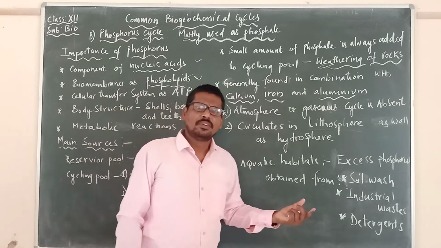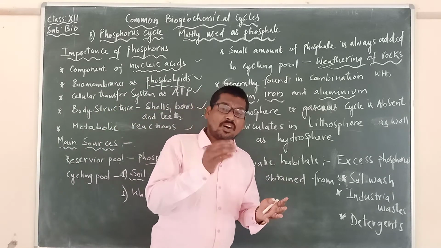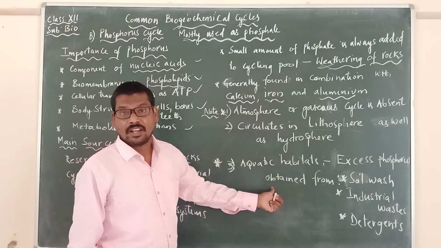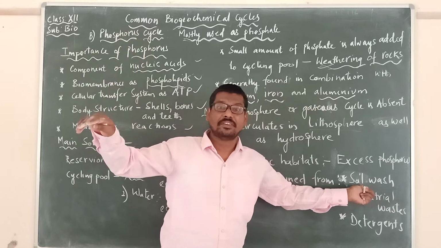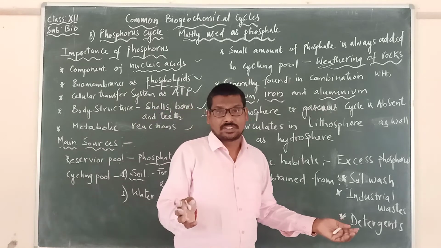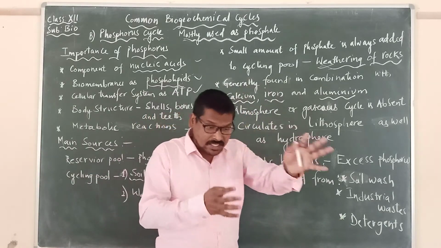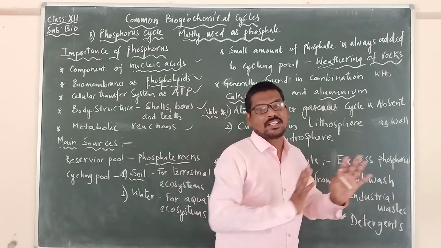The question is, from where and how is this phosphorus concentration increasing in the aquatic habitats? It is obtained from soil wash. Maybe because of heavy rain, when the soil is being washed, all that phosphorus in the soil will be collected and brought into the water.